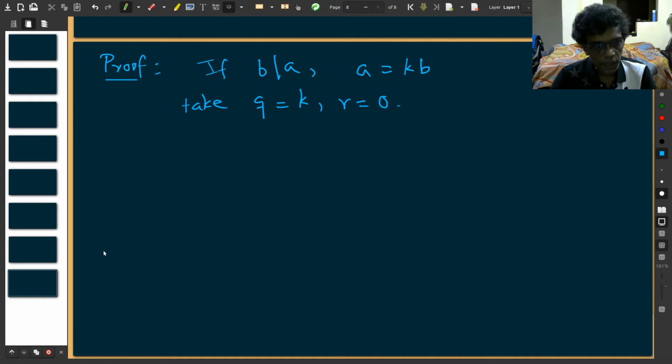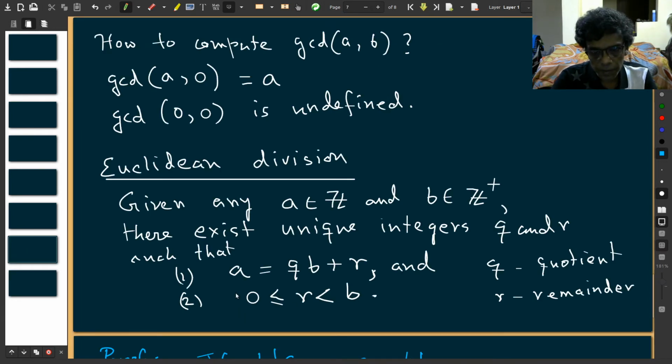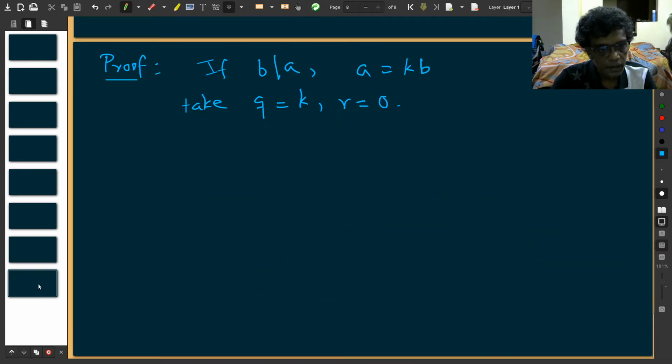R may be 0, right, as we have seen. R may be 0, but less than B. Okay. So suppose B does not divide A.